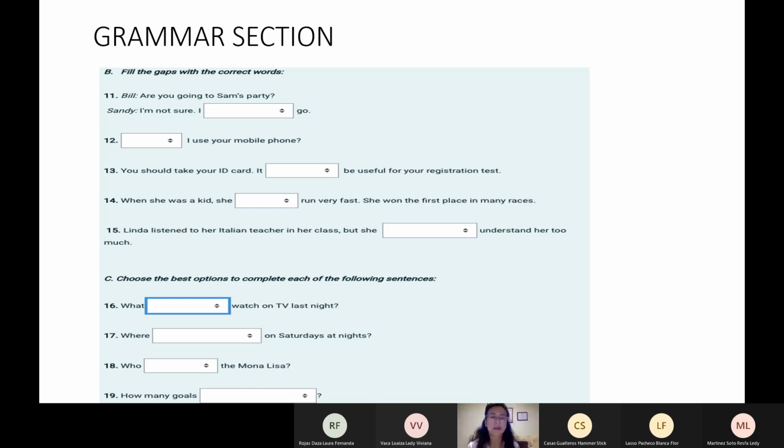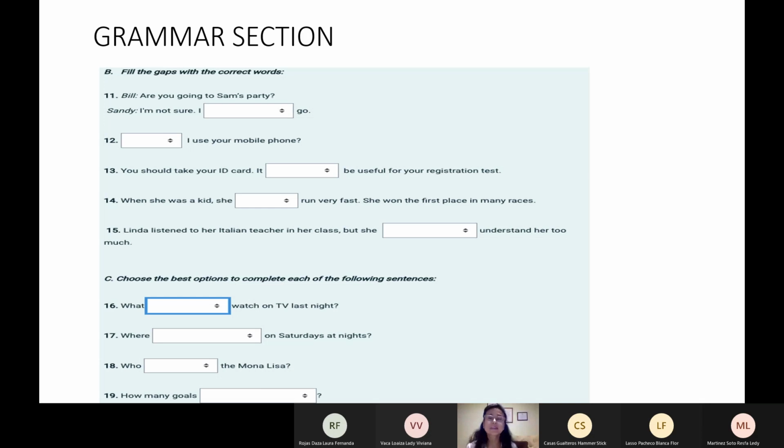But she shouldn't, she couldn't, or she mustn't understand her too much. She might not understand. ¿Cuál sería el modal apropiado para completar?